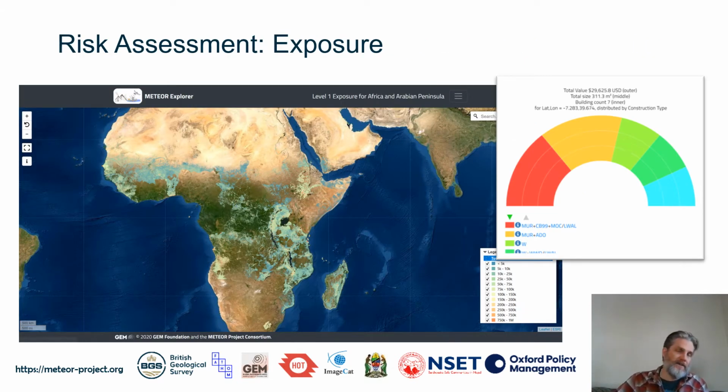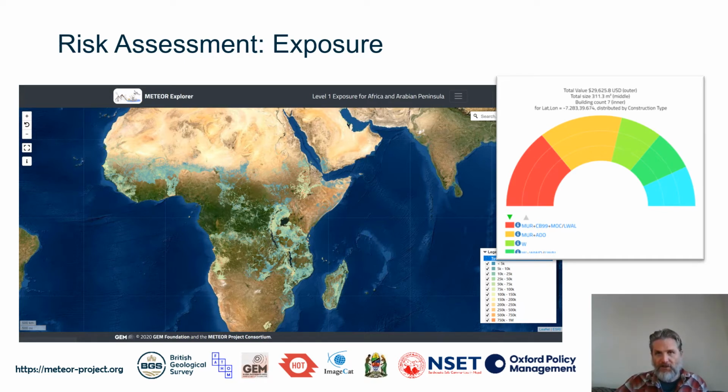This is a representation that has come out of the Meteor project hosted by Jim of what that looks like for the LDCs in Africa. I guess it's all in Africa here in this presentation. So what this is, is a gridded representation.